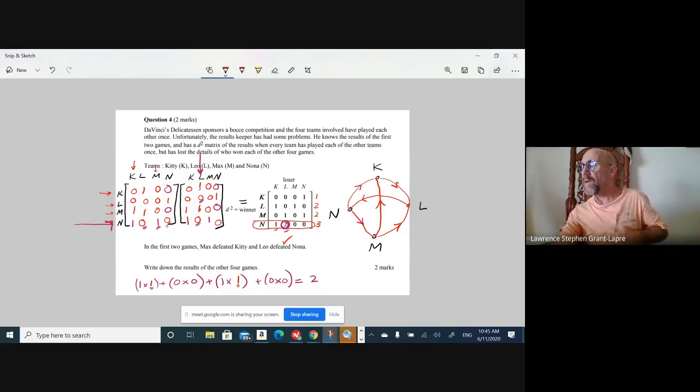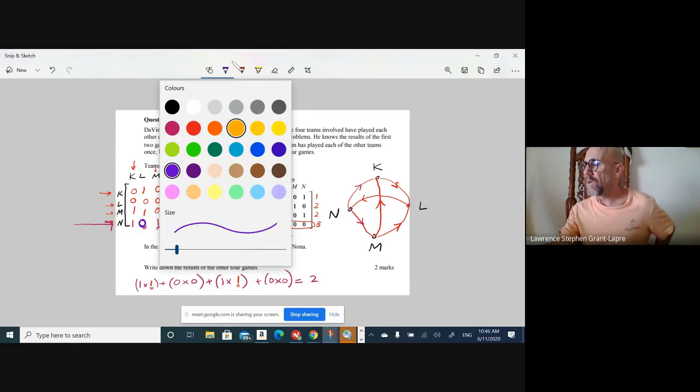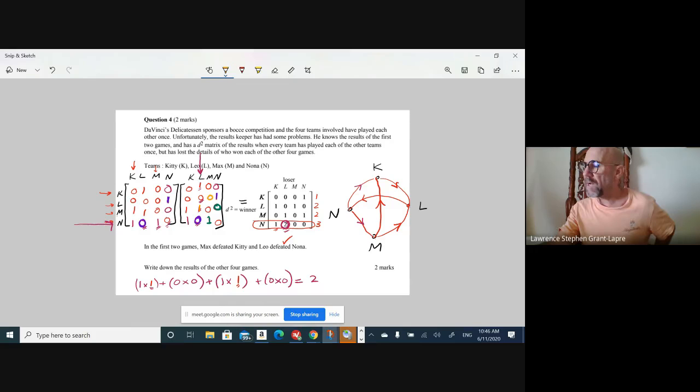So in these victories, the diagonals will be opposites. One is a 0 because M doesn't beat N, but N beats M. We must have 1s and 0s in positions which are symmetrical. We must have a 1 and a 0 in those positions to say that was the loser, that was the winner, because M beat L, but L did not beat M. Do you follow that?